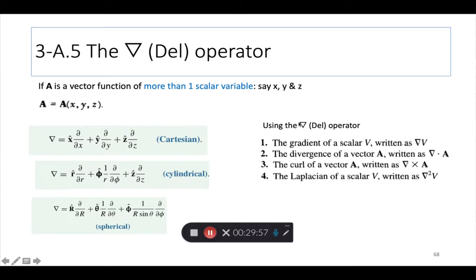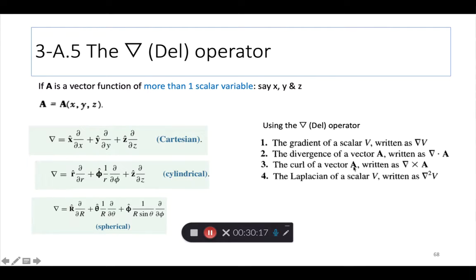We understood the del operator as a mathematical operator. Using that, we first define the gradient of a scalar written as del V. Then we talk about the divergence of a vector A written as div A, a dot product.